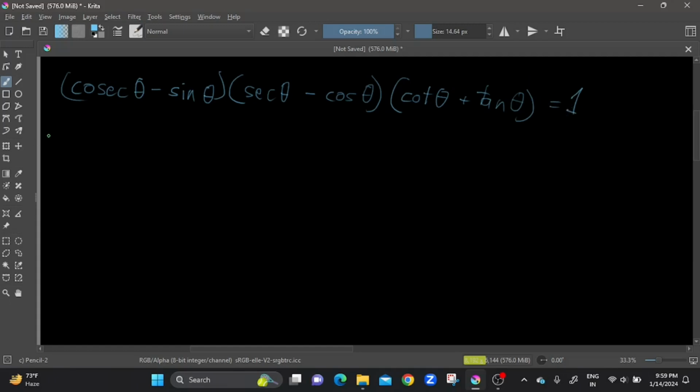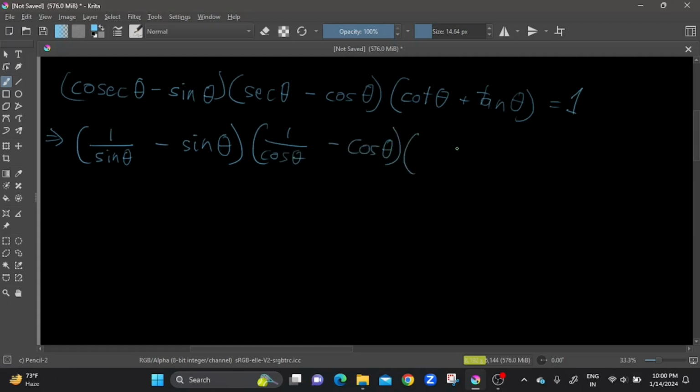Again, LHS is equal to RHS, right? So we can write cosec theta as 1 by sine theta, sec theta is 1 by cos theta, and cot theta is 1 by tan theta, which is how they defined it again. So 1 by sine theta minus sine theta times 1 by cos theta minus cos theta times 1 by tan theta plus tan theta this time is equal to 1.